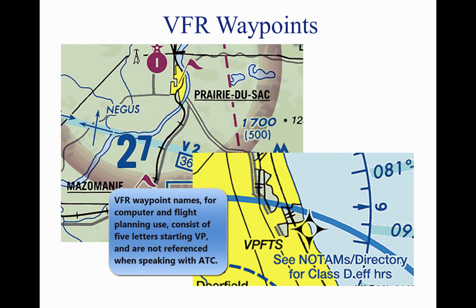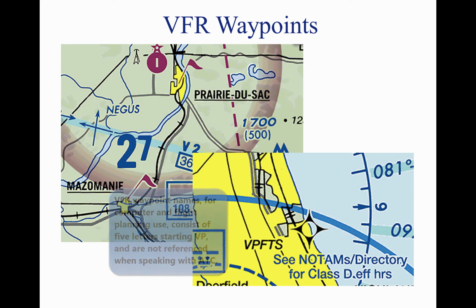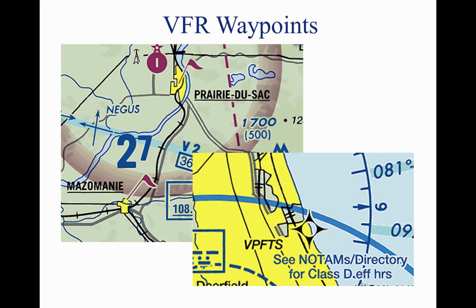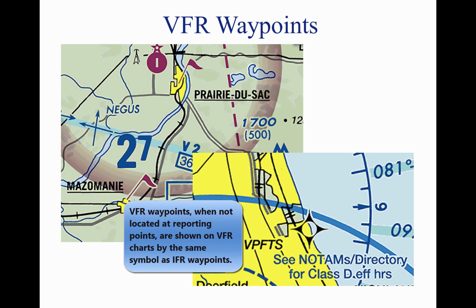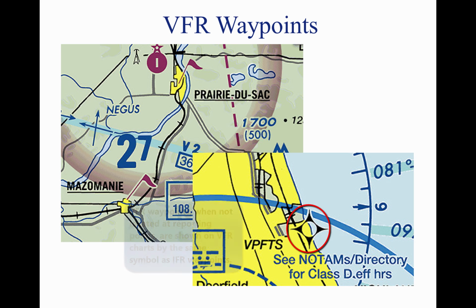VFR waypoint names, for computer entry and flight plans, consist of 5 letters beginning with the letters VP and are retrievable from navigation databases. The VFR waypoint names are not intended to be pronounceable, and they are not for use in ATC communications. On VFR charts, a standalone VFR waypoint is portrayed using the same 4-point star symbol used for IFR waypoints.